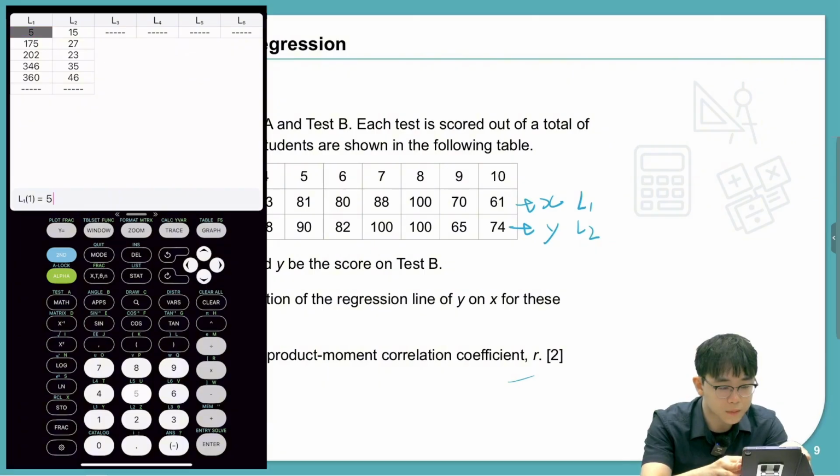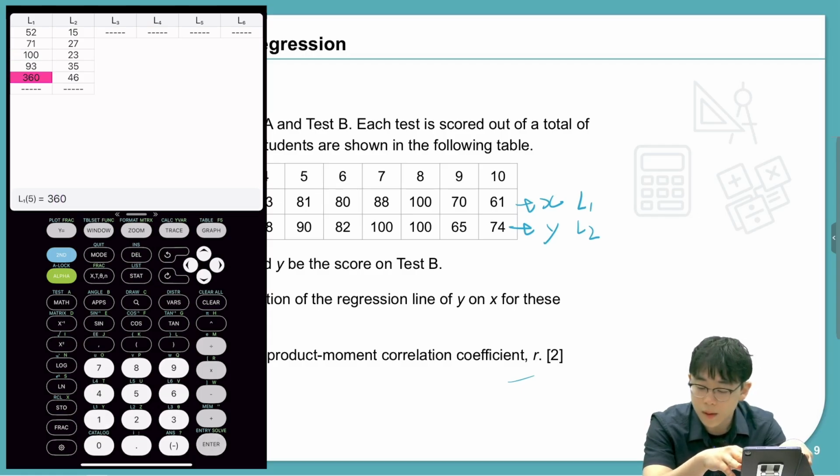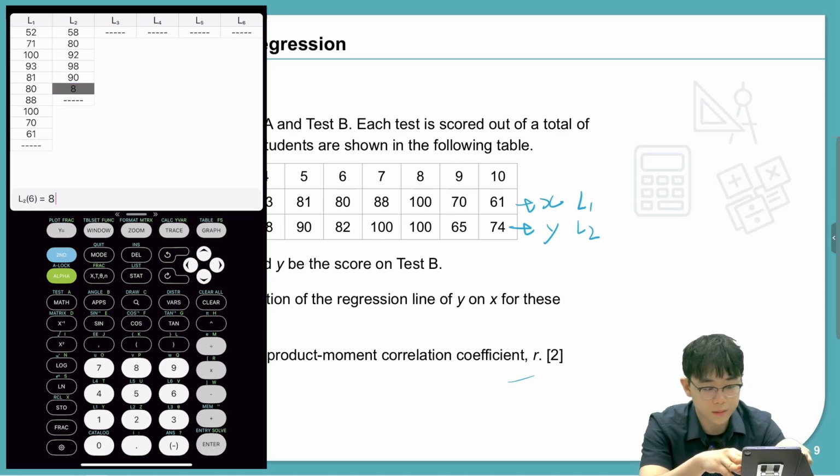We have 52, 71, 100, 93, 81, 80, 88, 100, 70, and 61. Now going on to the L2 scores, you have 58, 80, 92, 98, 90, 82, 100, 65, and 74.